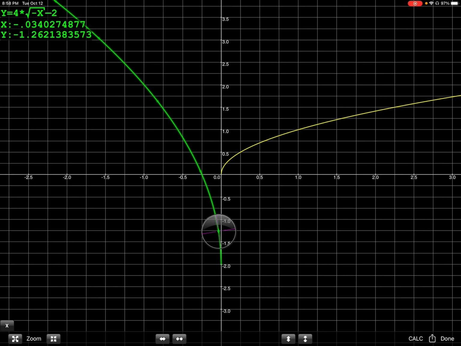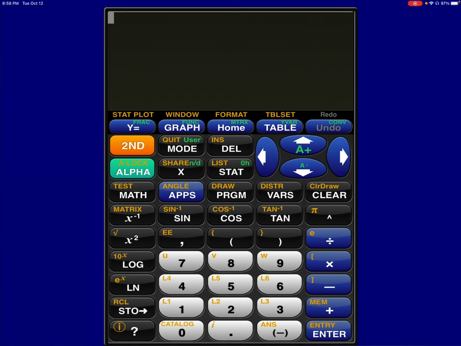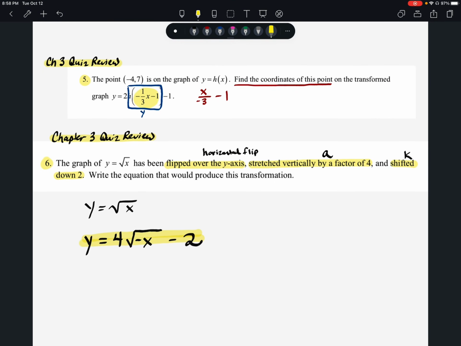And it says that it's been stretched by a factor of 4, so see how it's growing much faster from a vertical level. And then you'll see that our endpoint down here, instead of being at 0, 0 like on our other graph, has been shifted down to negative 2. So it makes sense with everything that it says that it's done. So our answer for this one is correct.